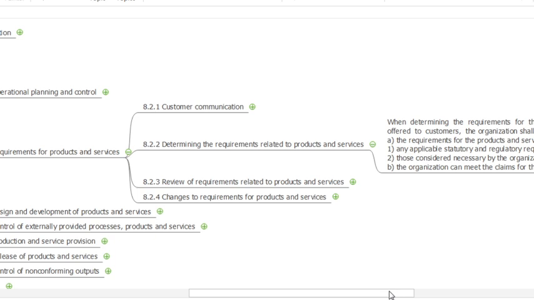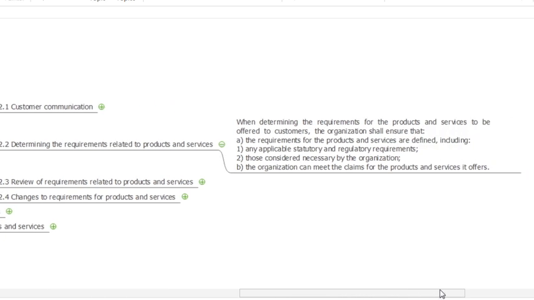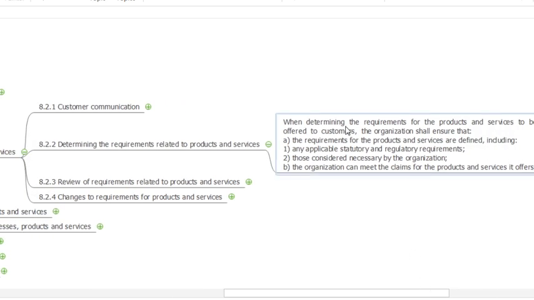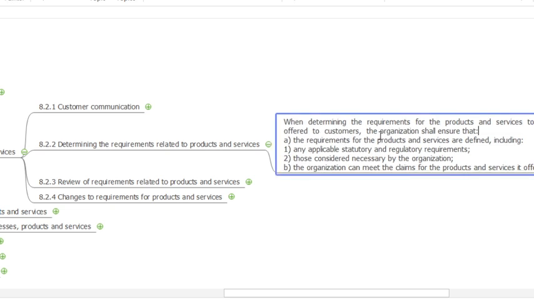Just take one clause as an example. When determining the requirements for the products and services offered to the customer, the organization shall ensure that the requirements for the products and services are defined, including any applicable statutory and regulatory requirements.